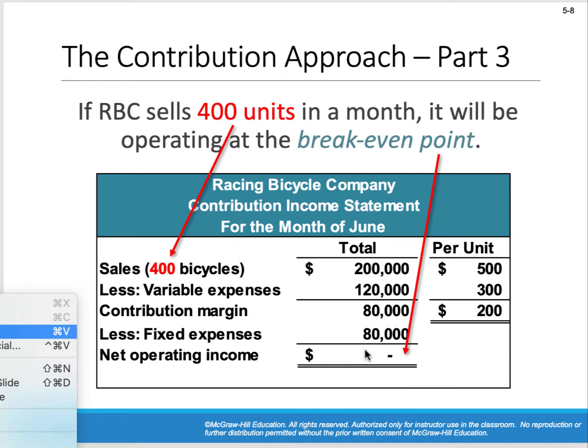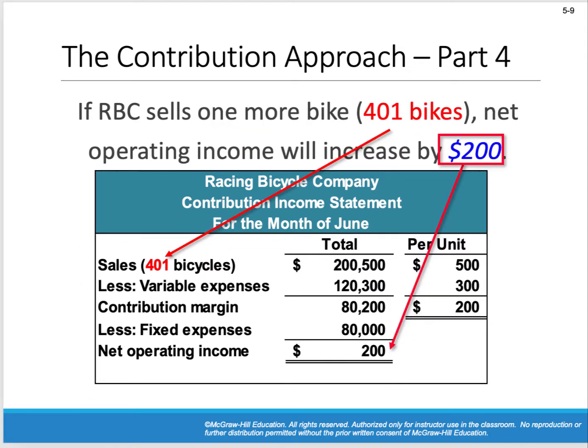Okay? What happens now if RBC sells one more additional bike? So instead of selling 400 bikes, we now sell 401. What happens? Well, previously, we defined the contribution margin as what is left from sales after variable expenses have been deducted.